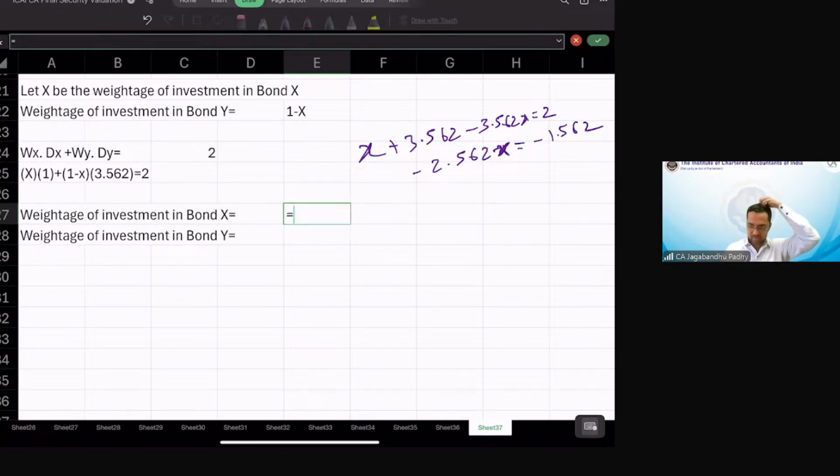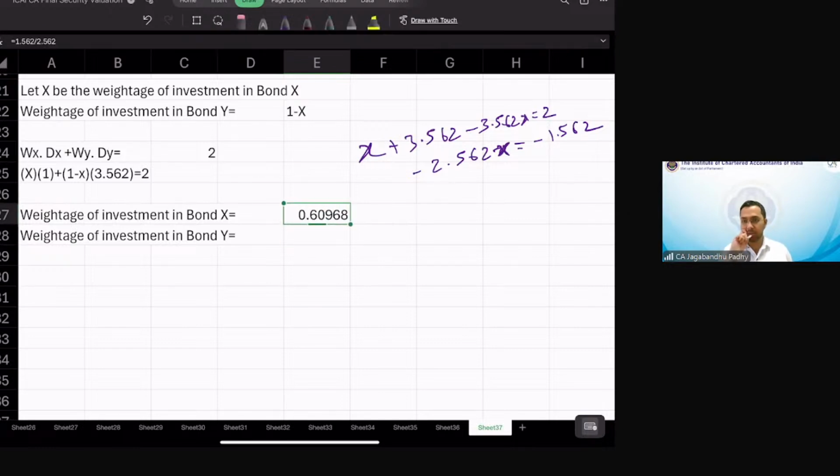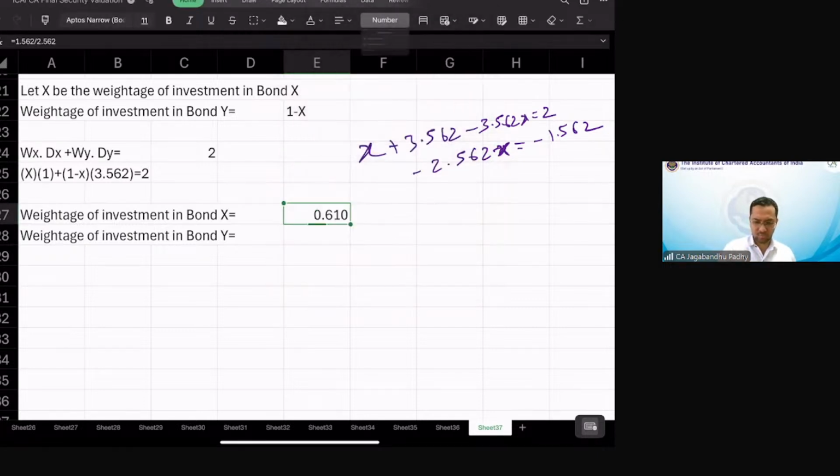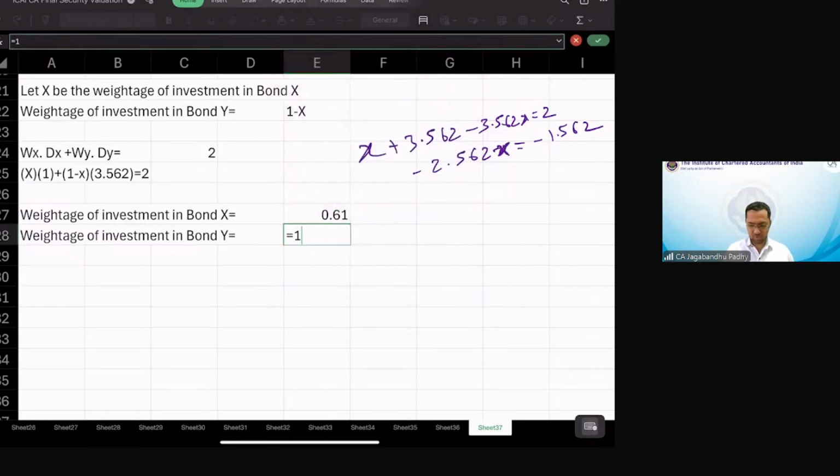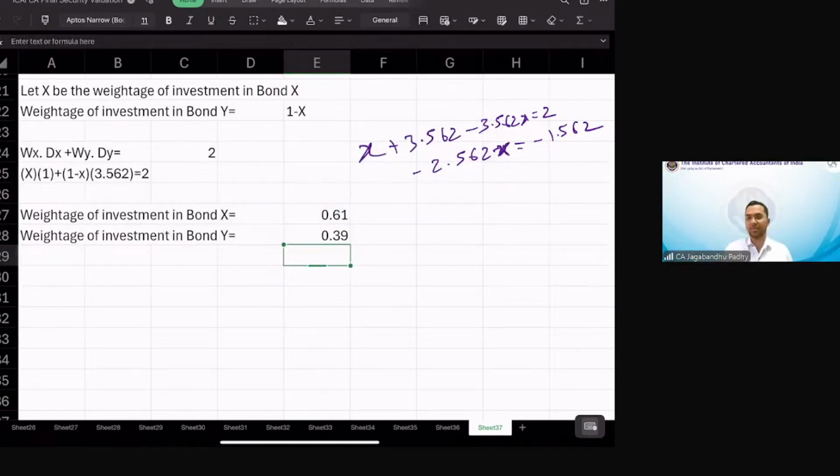So x will be like 1.562 divided by 2.562. Yeah, so that's like 61%, 0.61. And of course, this is going to be 1 minus this, so 0.39. So 0.61 and 0.39 is the weightage.